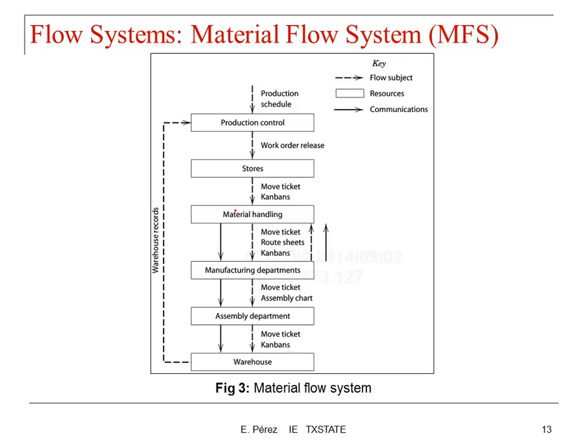So here is the material flow system. Here we have the production schedule, and we're going to go to the production control, and that's going to tell us what are the items that we're going to get from the store. We're going to use some material handling equipment to move those materials from the store, and we're going to take them to the manufacturing departments.